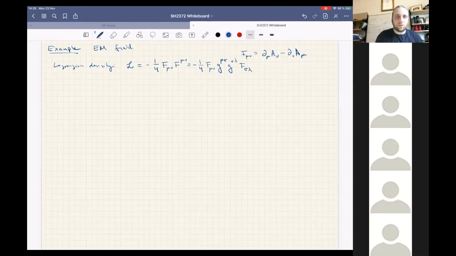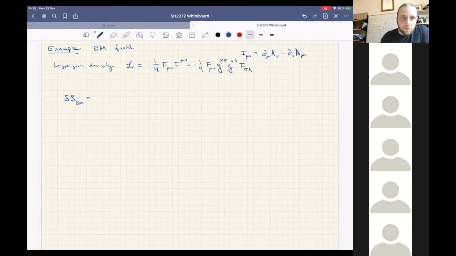So with that, we can take the variation of the electromagnetic action, which is, again, you take the Lagrangian density and you integrate over spacetime.